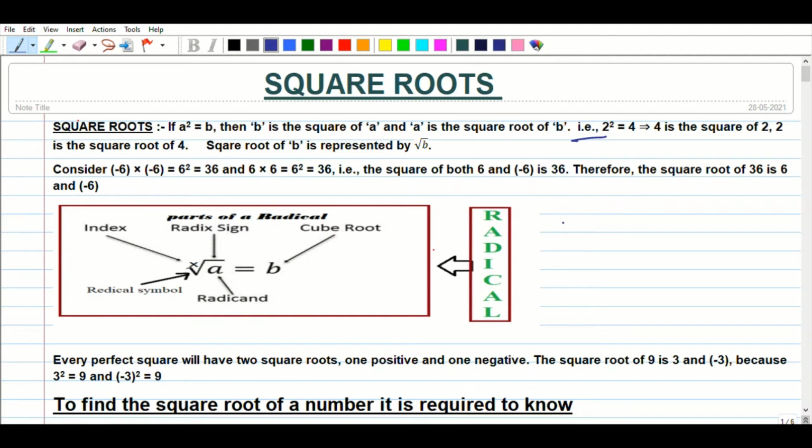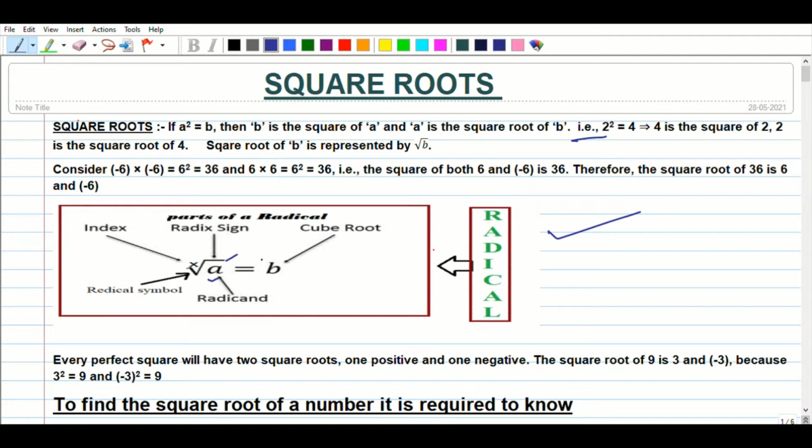Now, here is a diagram I have shown of all the parts of the square root. The whole expression is called a radical, and the number under the root is the radicand. The root symbol is the radical symbol, and this is the radix sign.